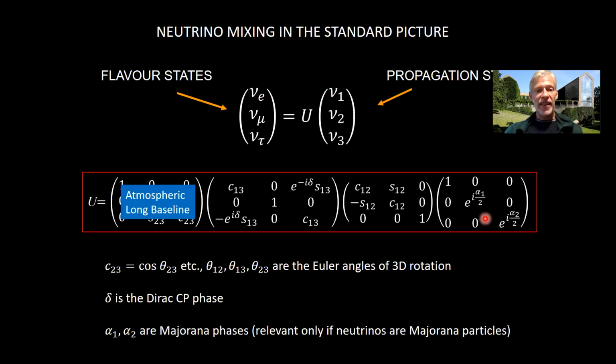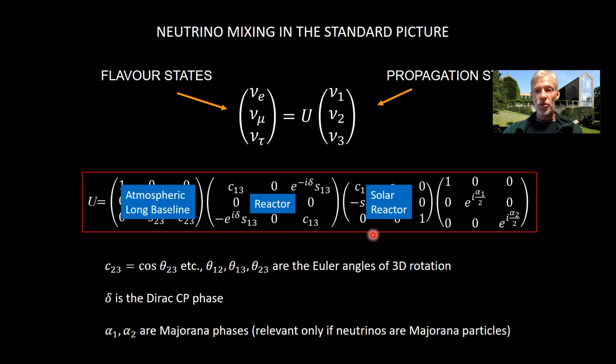So historically, these different angles were measured using different types of experiments. So for example, the so-called 2-3 angle was historically measured in atmospheric neutrinos and since confirmed in long baseline data. Then the newcomer in terms of oscillation mixing angles is the 1-3 angle, which has been measured using reactor neutrinos and also now confirmed using other experiments.